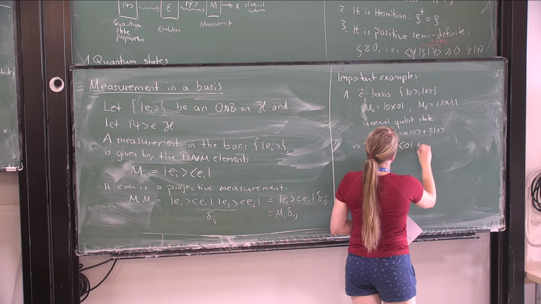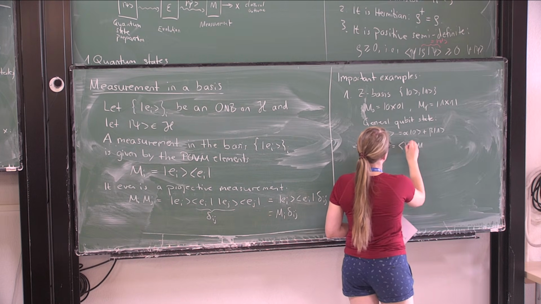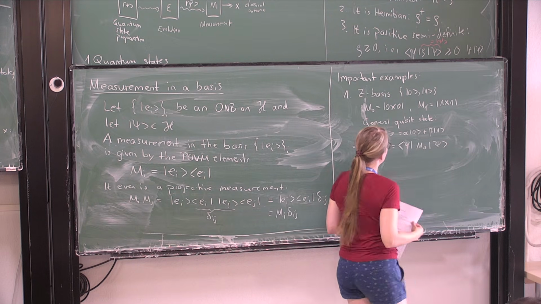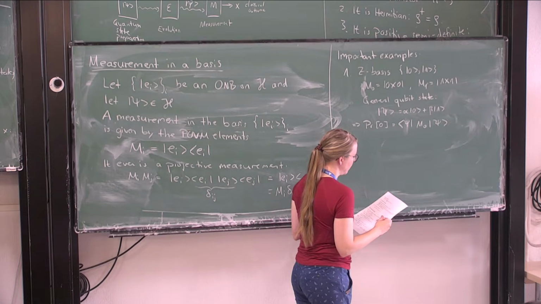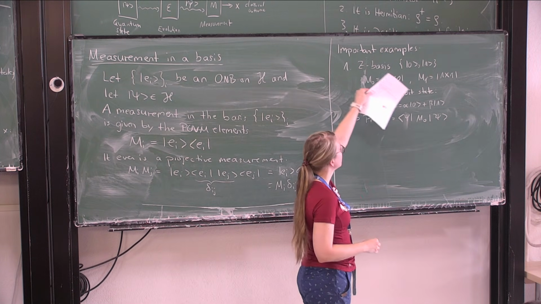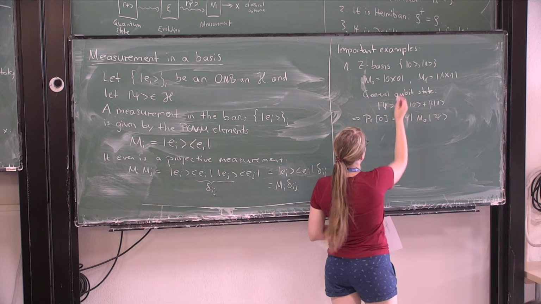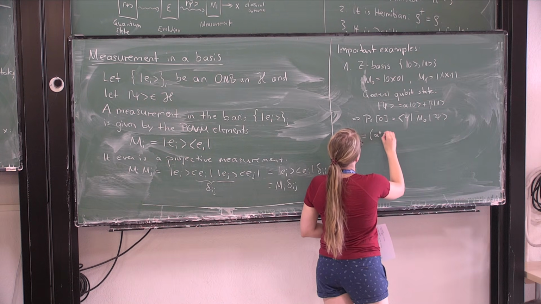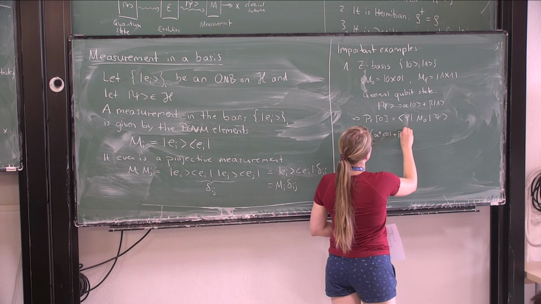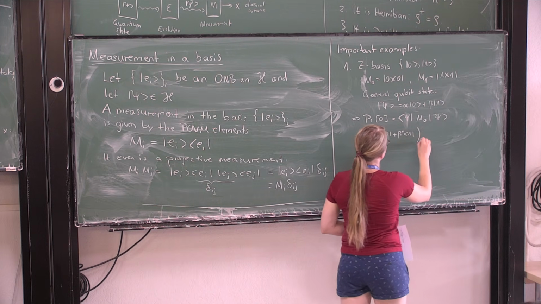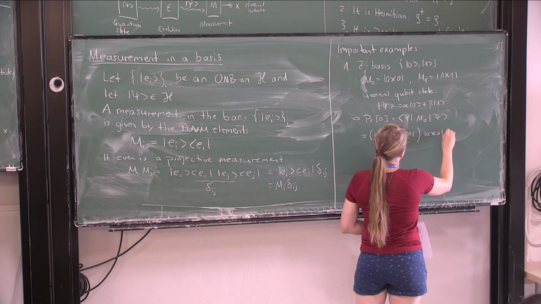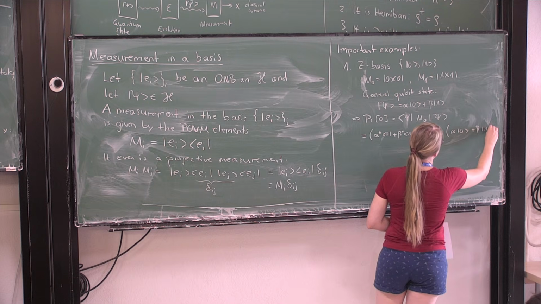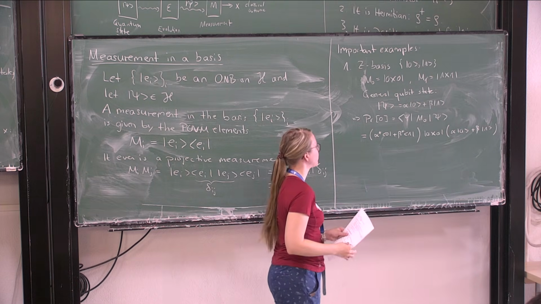0 psi, the measurement operator is 0 psi. So you have to put in all the states in the operator. So what you would get is alpha 0, beta star 1, and the measurement operator is again like this.